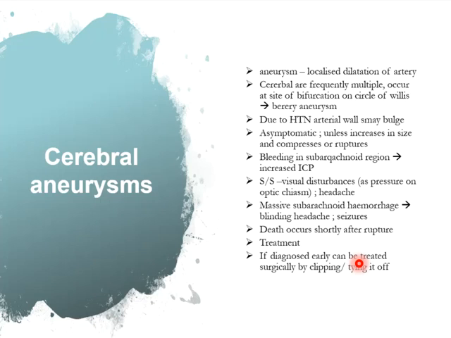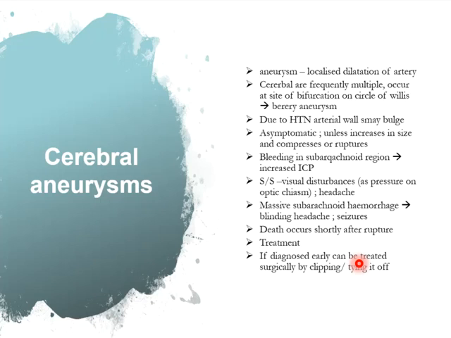Now there can be a weakness in any of these layers, either the endothelial cell layer or the muscle cell layer. When it is weak, the tubular structure can lose its configuration, and it can turn into a balloon-like structure. That is called an aneurysm. It can dilate and form a balloon-like structure.